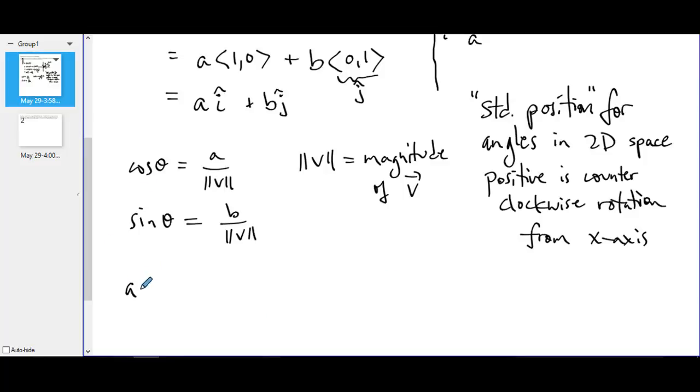So we could write A is magnitude of V cos theta, and B, magnitude of V sine theta.